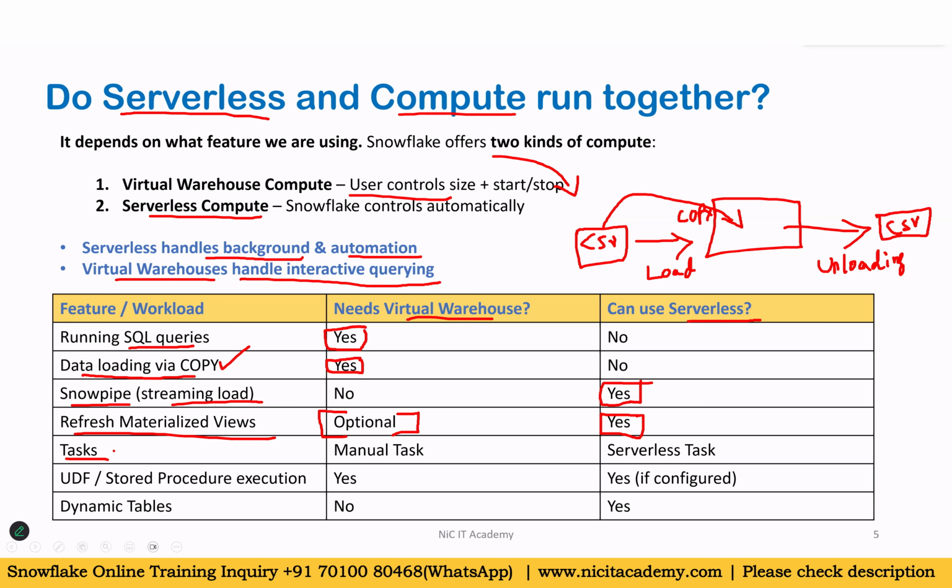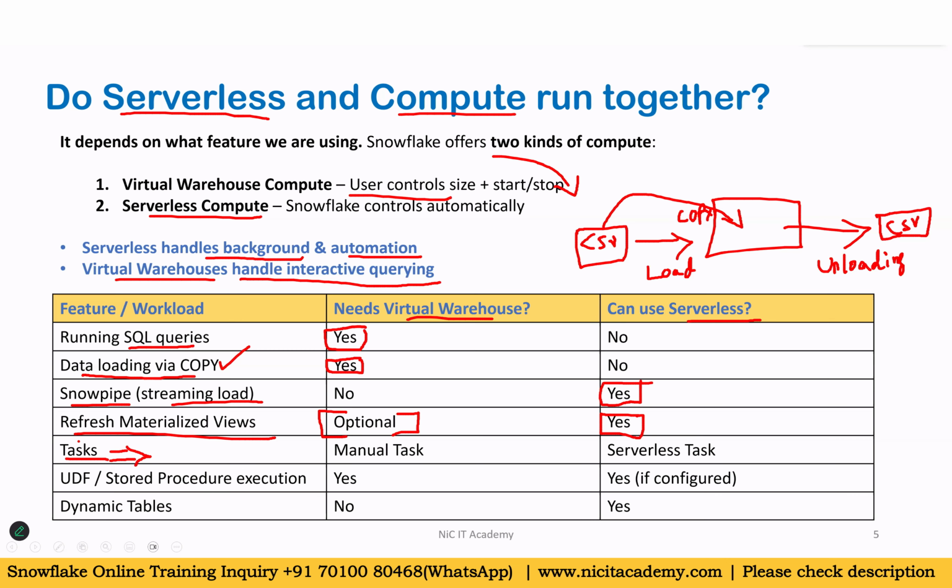And task. A task is for orchestration, that means scheduling. I have some queries that I have to run by 7 a.m. in the morning or on a daily basis, so I have to create a task. A task is for scheduling the queries, scheduling the data loading, procedures, everything I can schedule.